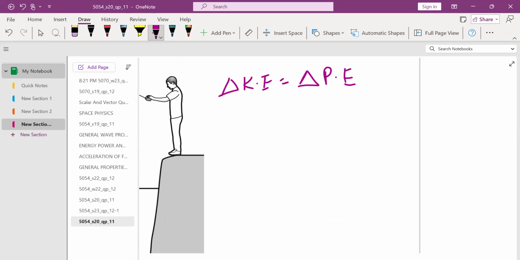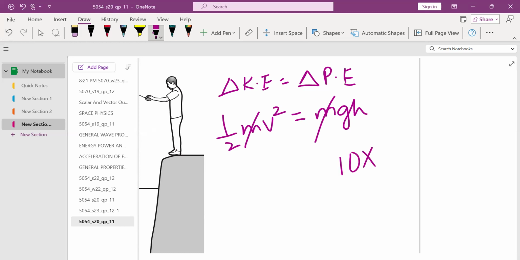The potential energy formula is mgh. Gravitational potential energy or potential energy, the thing is same, and kinetic energy is 1 upon 2 mv square. Mass cancels. Gravitational field is given, which is 10, into height, which is 2, equals 1 upon 2 v square. So this v is the speed you need to find.